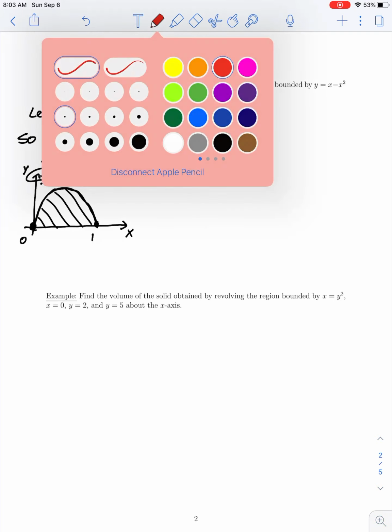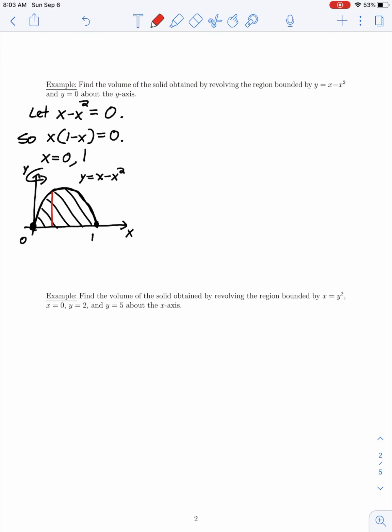So looking at this region, we can see, since it's bounded by functions of x, it would probably be easiest to slice up this region into little vertical slices, taken at a distance of x from the y-axis, where x is somewhere between 0 and 1, of a thin thickness dx. So we can see if we take this vertical strip and we're revolving about a vertical line, we would have a shell for the resulting solid of revolution.